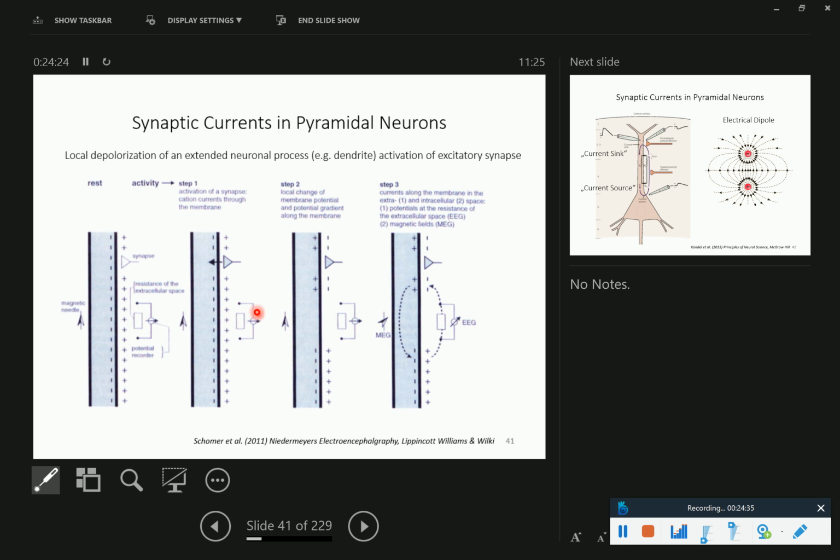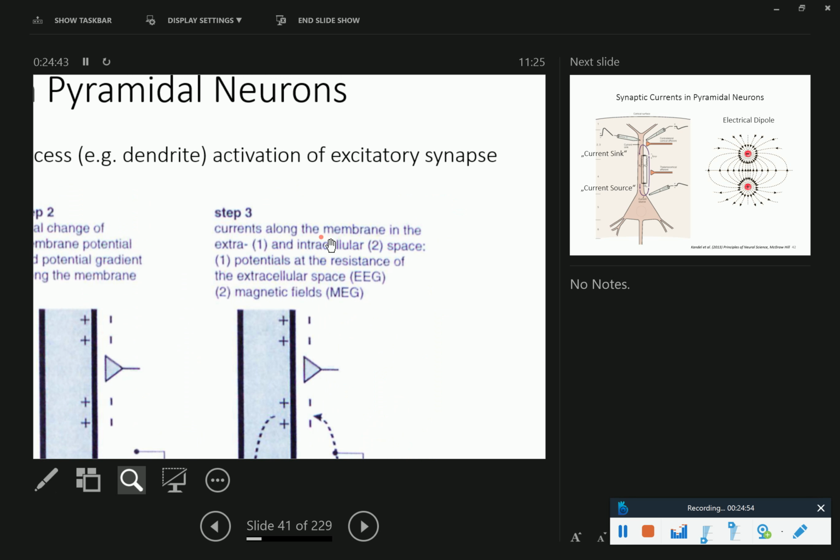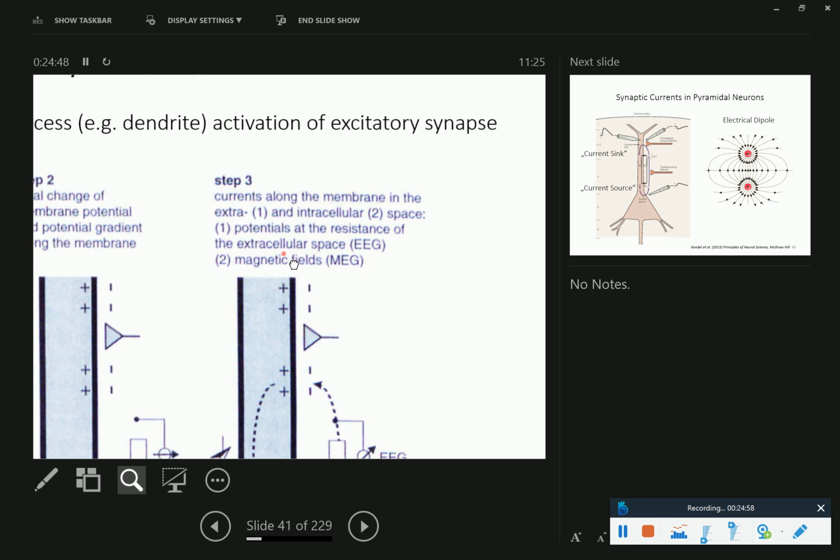This thing that's measuring the outside potential, because there is some flow here, gets a little bit negative compared to this, which means that there is a potential difference in the outside, and then this third step happens. So currents along the membrane in the extra- and intracellular space happen.